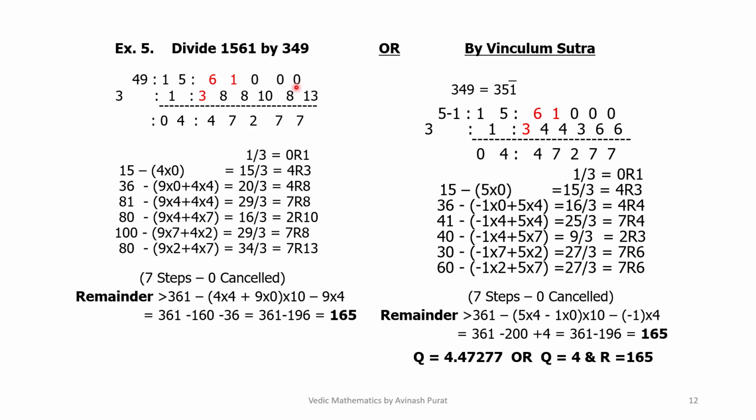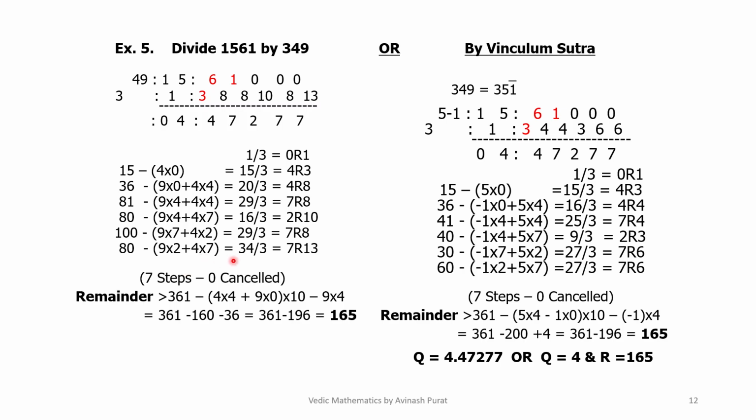Now 100 minus 9 into 7 plus 4 into 2. So 9 into 7 is 63 plus 8, that is 71. 100 minus 71 is 29 by 3, that is 7 and remainder 8. 80, 9 into 2 plus 4 into 7, that is 18 plus 28, 46.